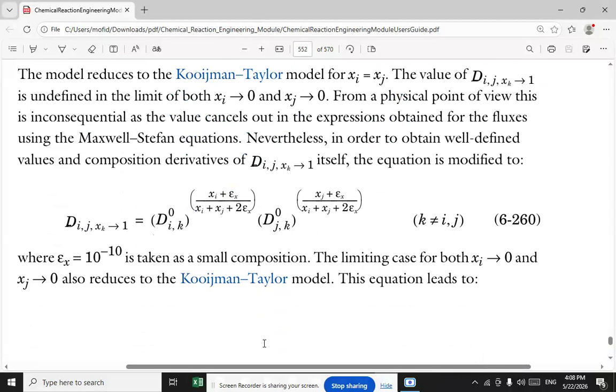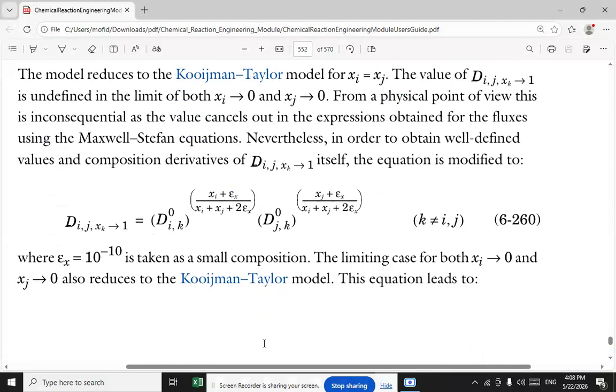The value of Dij, x_k tends to 1, is undefined in the limit of both xi tends to 0 and xj tends to 0 from the physical point of view. This is inconsequential as the value cancels out in the expressions obtained for the fluxes using the Maxwell-Stefan equations.